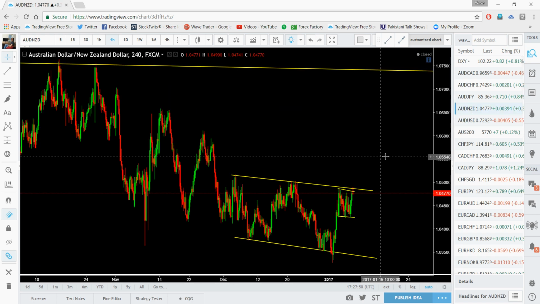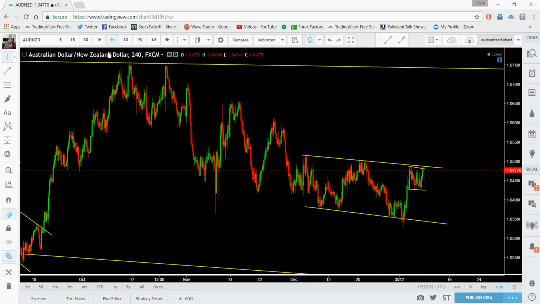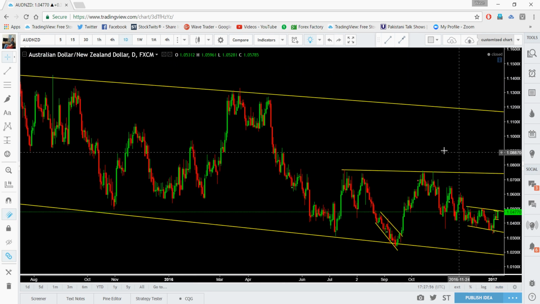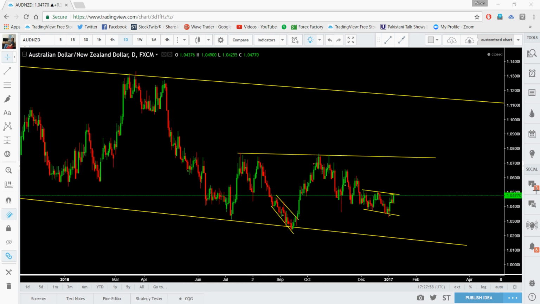Next, Australian dollar and New Zealand. All right. So this is the trade we were tracking for a very long time. We can see this is a falling wedge, which I just spoke about a couple of minutes ago.